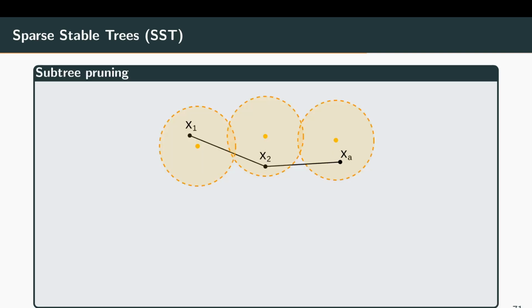And so because of that, there's this more interesting, more advanced pruning step that tries to avoid it. To explain it, I also have these example figures again, which is easier than the formal things. Let's say we have these three nodes, x1, x2, and then we just added maybe xa.